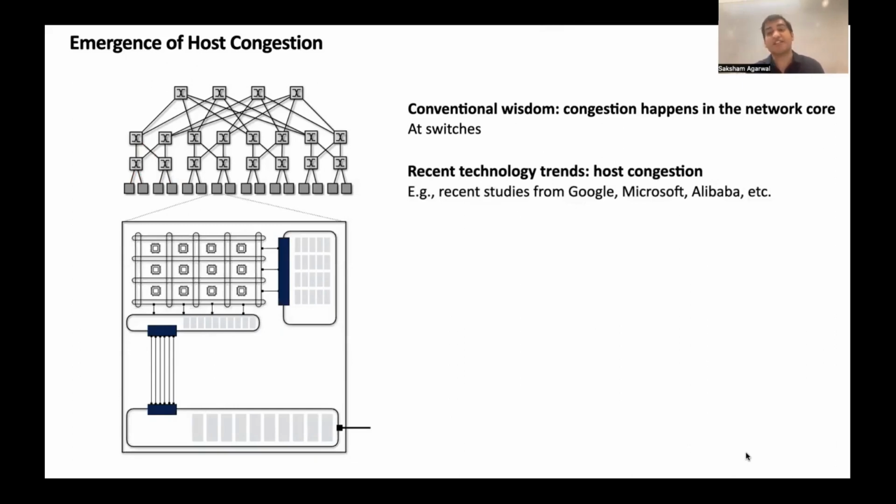For instance, cache sizes, memory bandwidths, memory access latencies, etc., has led to the emergence of host congestion.